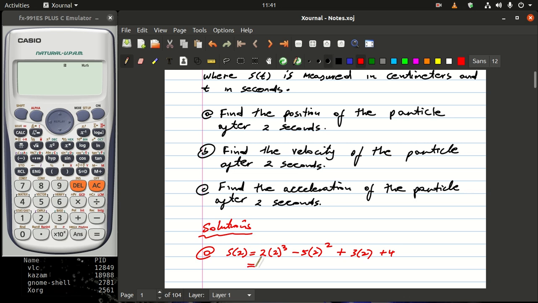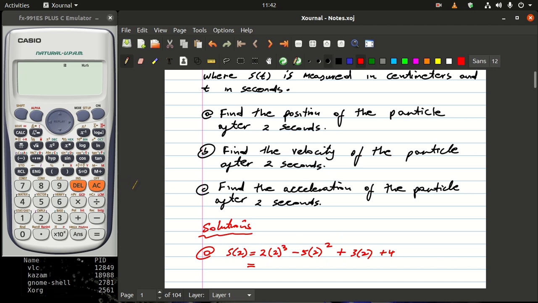You can work these things one by one by hand, or use a calculator to make this a little bit quicker. You know that 2 cubed is 8, and 2 squared is 4, and you can work this by hand.